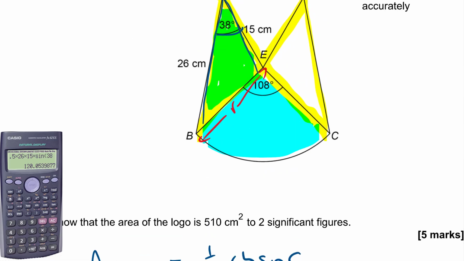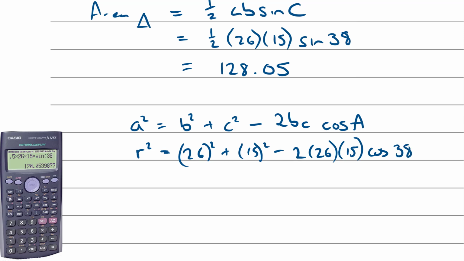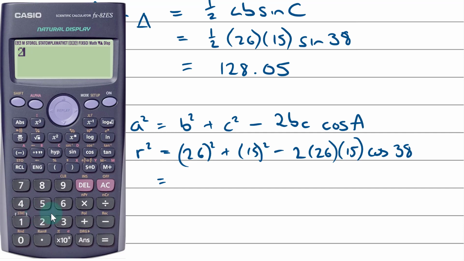Okay, so in terms of this diagram, our r squared, our a squared, is going to be our two lengths squared, so my 26 and my 15. 26 squared plus 15 squared minus 2 lots of 26 and 15 cos the angle, which was 38. So calculator time. 26 squared is 676. 15 squared, you can all just type this in all in one go if you want as well.